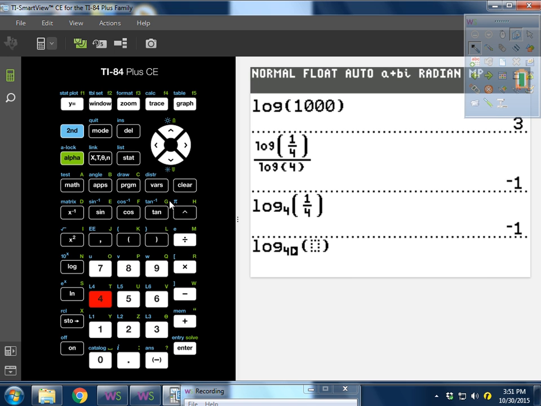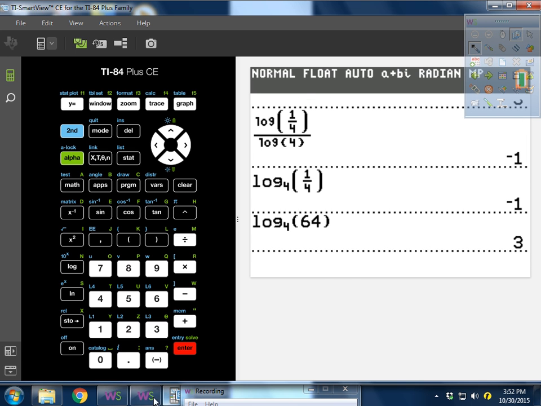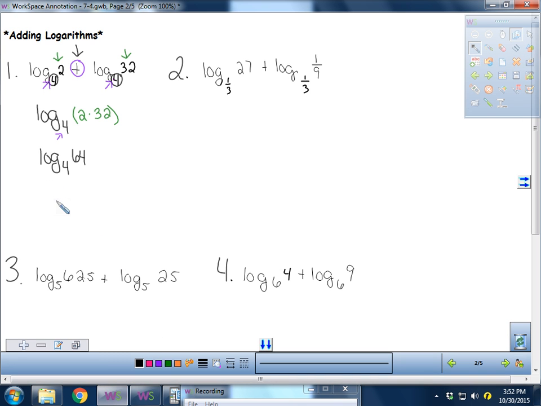So log base 4 of 64, and you get 3. The answer is 3. Remember, that means 4 to the 3rd power is equal to 64. And then you're good to go.